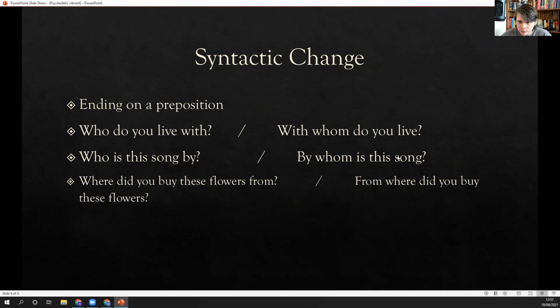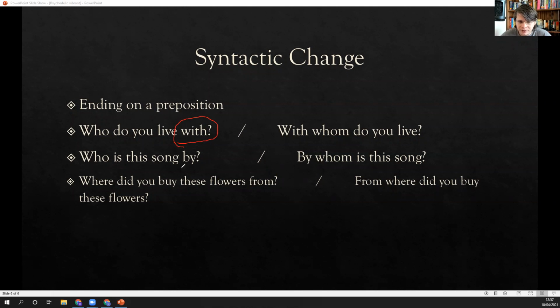Because with whom do you live is probably what 1% of English speakers actually say. So it's more of a reflection of what people actually do, even though today some people consider this sentence incorrect because it ends on a preposition. The word with is a preposition, and some people think that it's bad to end a sentence on a preposition.